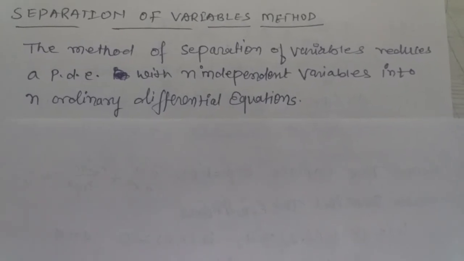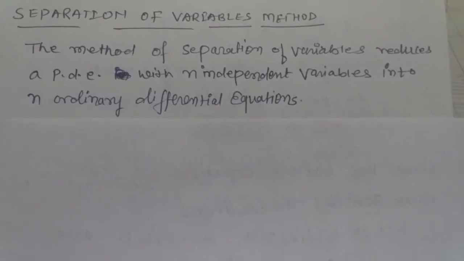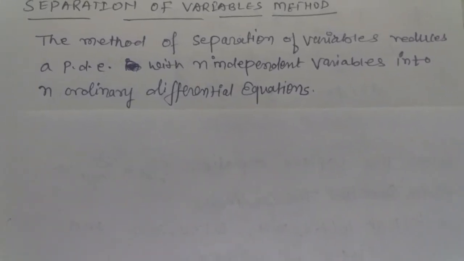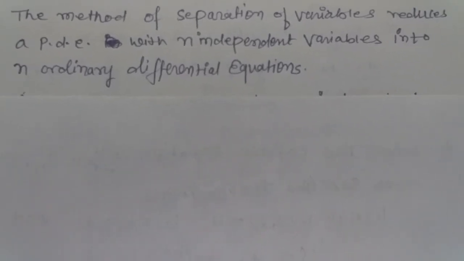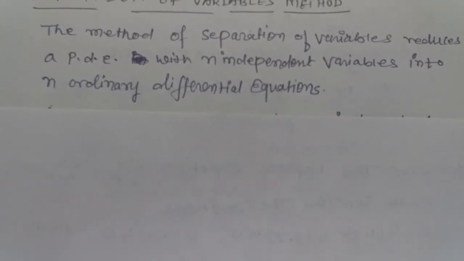And then to get the solution of the given PDE, we multiply the solutions of the ordinary differential equations. Let us see how to perform this method to solve linear partial differential equations.